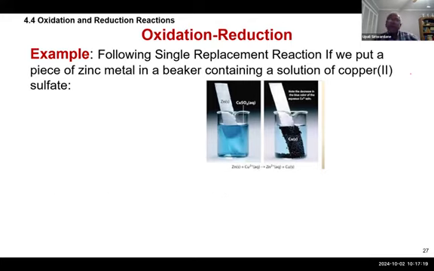If you look at this picture, a plate of zinc is placed in a copper sulfate solution.